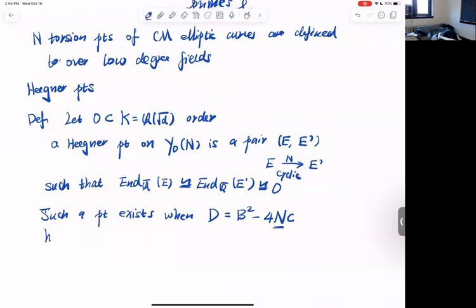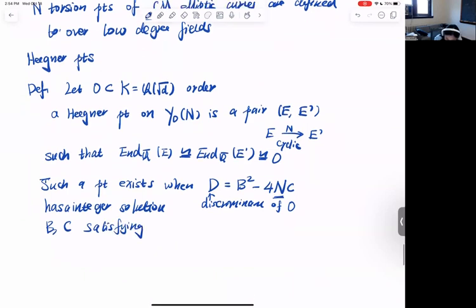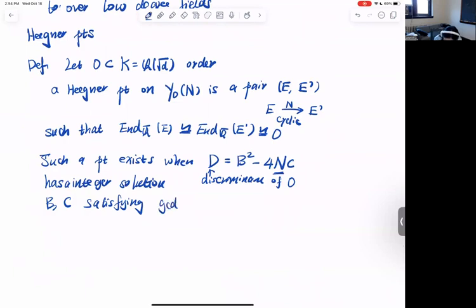Where N is our capital N, D is the discriminant of O, has an integer solution B, C satisfying that B, C are coprime to N. Okay.